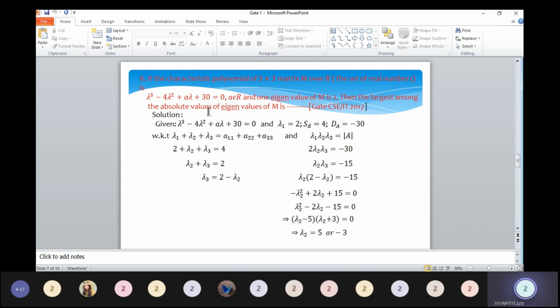We will definitely have 3 eigenvalues, and it may even be that 0 is also an eigenvalue. Now I have to find the largest among the absolute values of the eigenvalues. Absolute means the modulus, the positive value, of the eigenvalues of the matrix M.